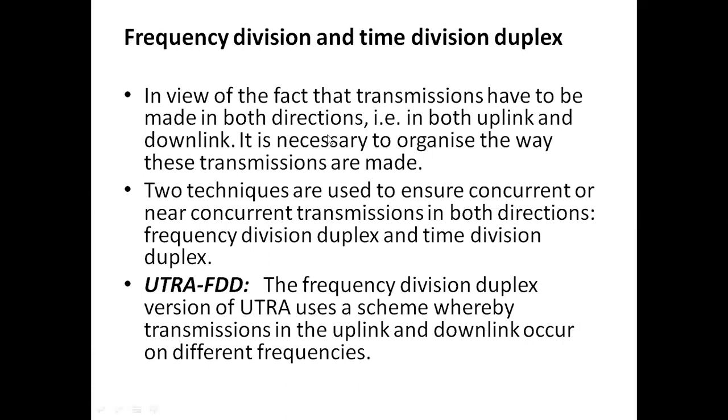That means uplink occurs on one frequency and downlink on another. The base station transmits data to the mobile phone on one frequency, and the mobile phone transmits data to the base station on another frequency. That is the first method.